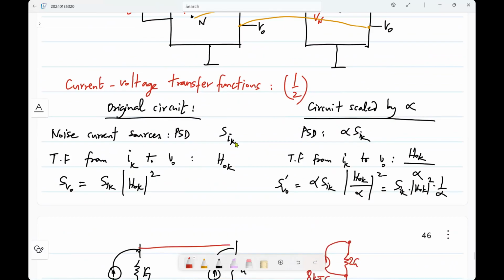There's a reduction in noise. If you look at currents, the mean square value of currents is increasing, and the mean square value of noise is also increasing, but not as rapidly. If you look at voltages, actually it is not.